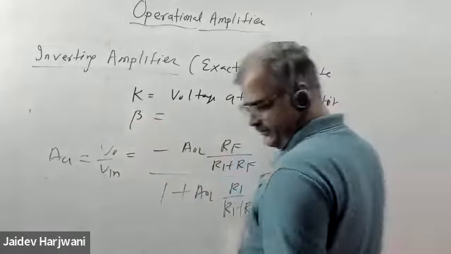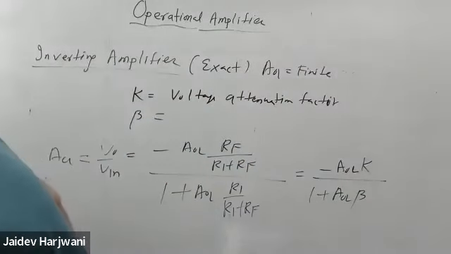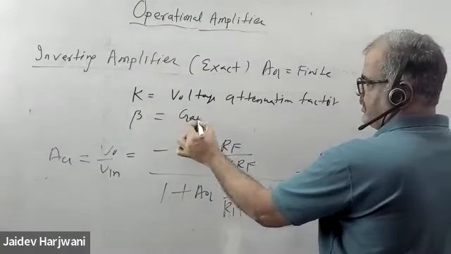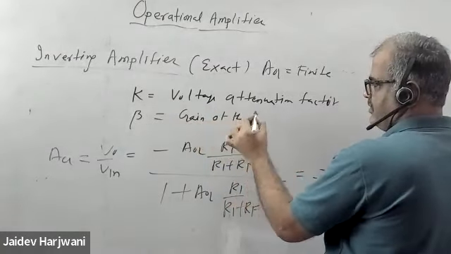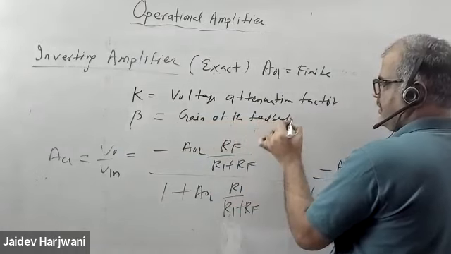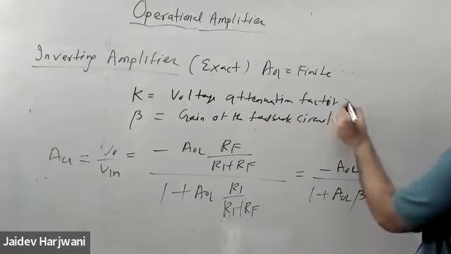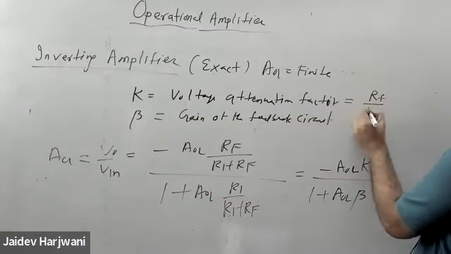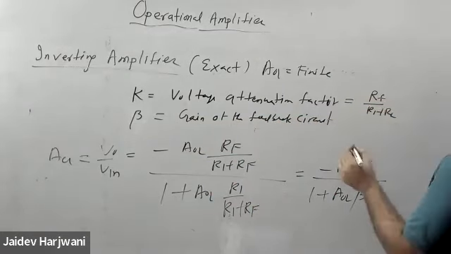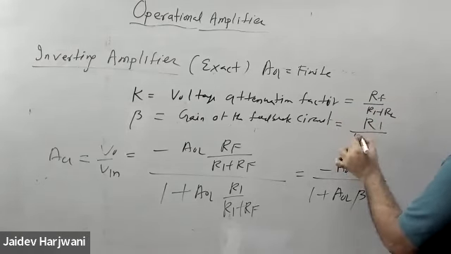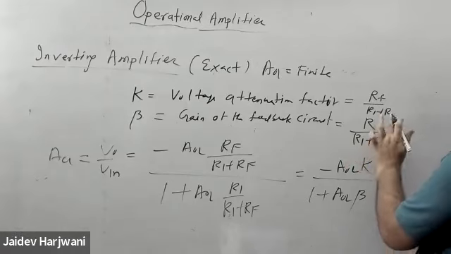Beta is the gain of the feedback circuit. So this is your RF upon R1 plus RF, and this is your R1 upon R1 plus RF.